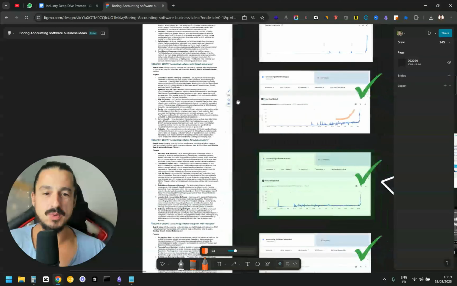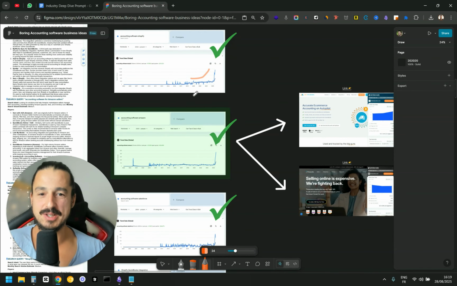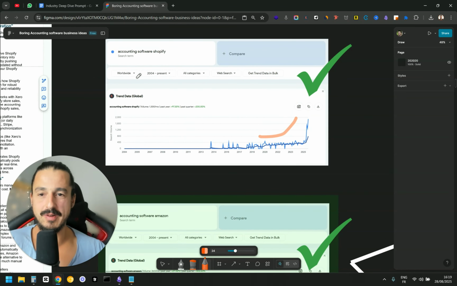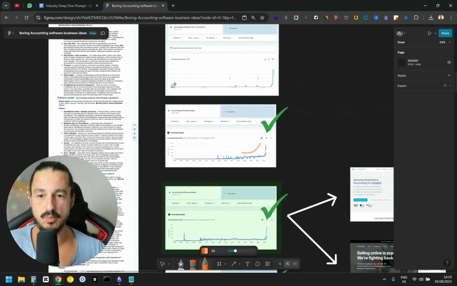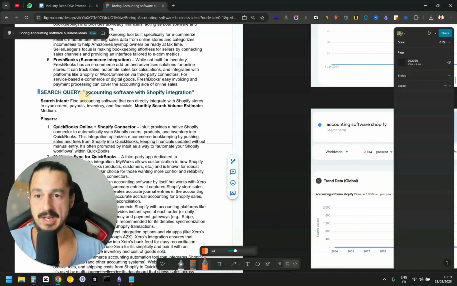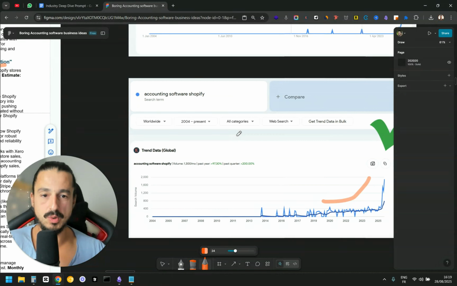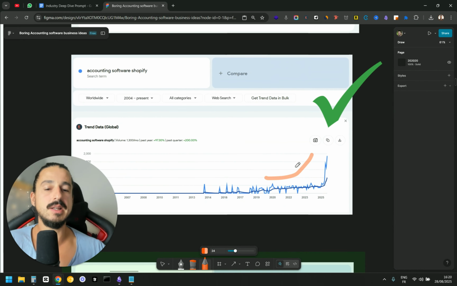We are going to look into the next one, actually, because I didn't dig into the Shopify, but it tells you for the first one what you can get. So you start by looking into the query, go into Google Trends, type the query, see if there is demand.